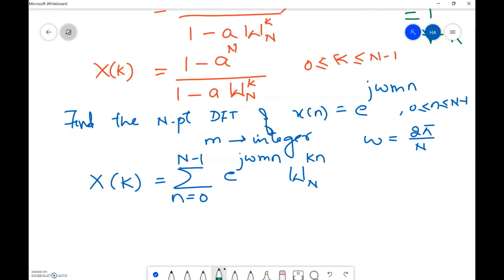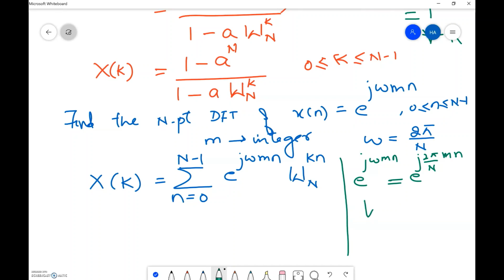Let's see whether we can do that. Consider e to the power j omega m n. Let us substitute for omega: e to the power j 2 pi by N times m times n. M is an integer.